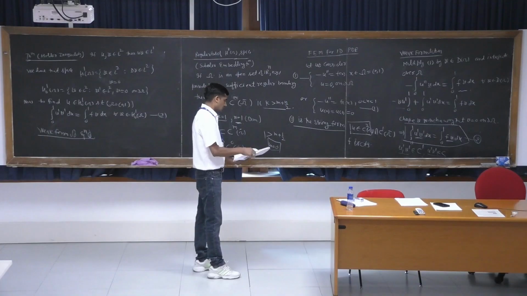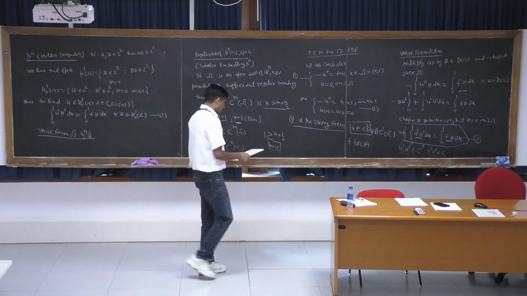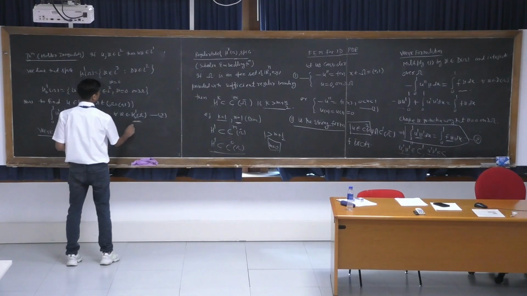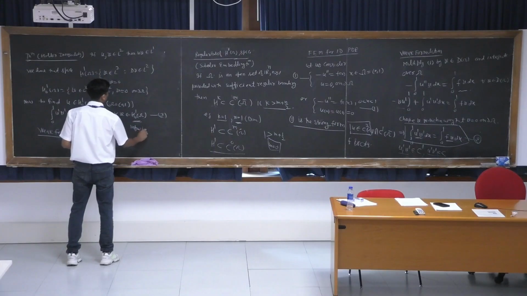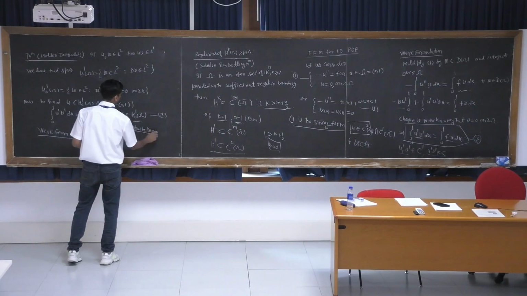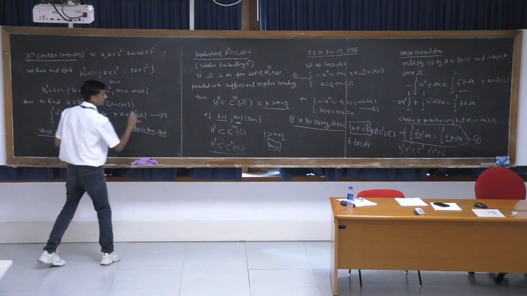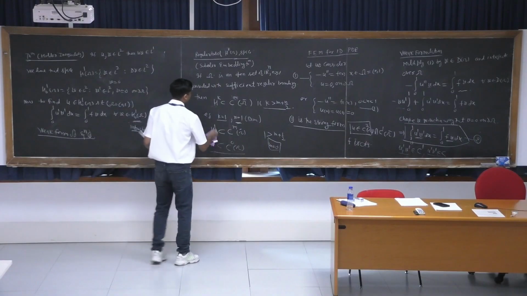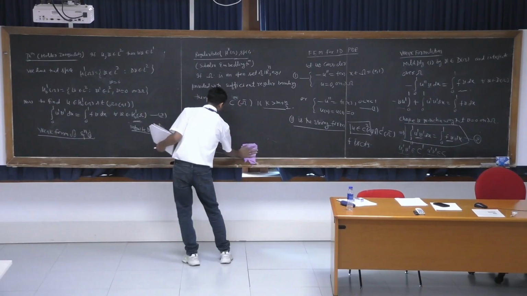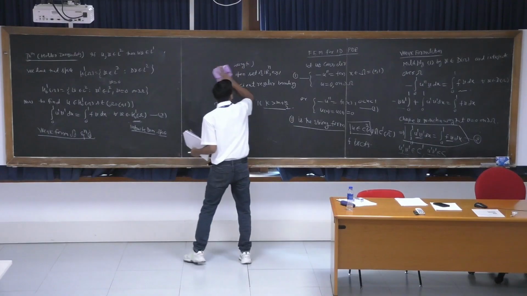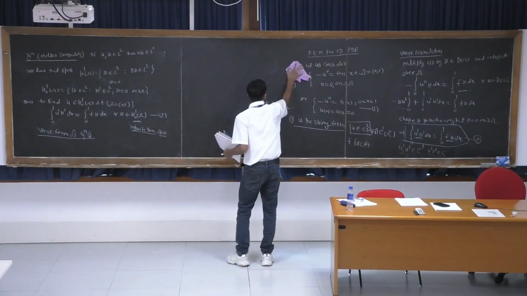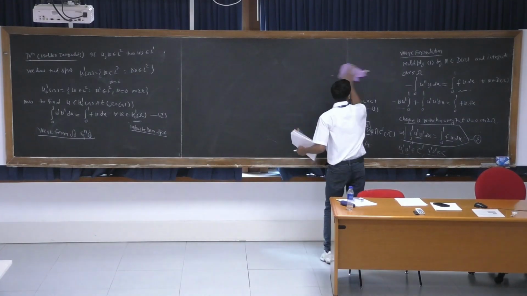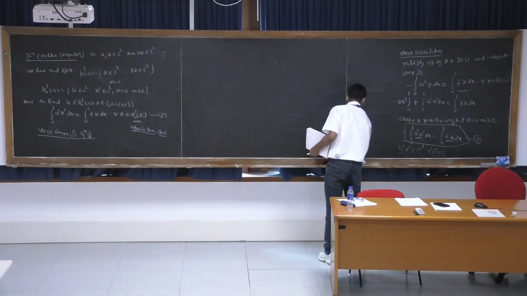So now, because this is the infinite dimensional space, we cannot find the solution of this equation in infinite dimensional space. So we have to move to a finite dimensional subspace of this infinite dimensional space, and that is denoted by some space.